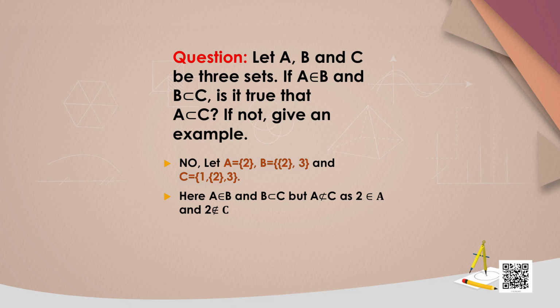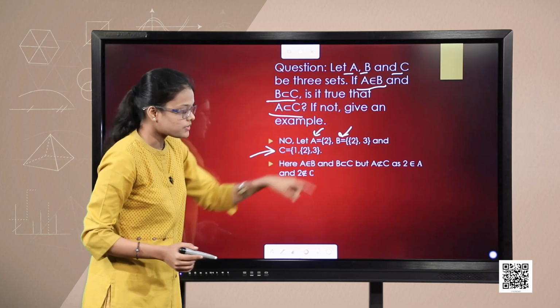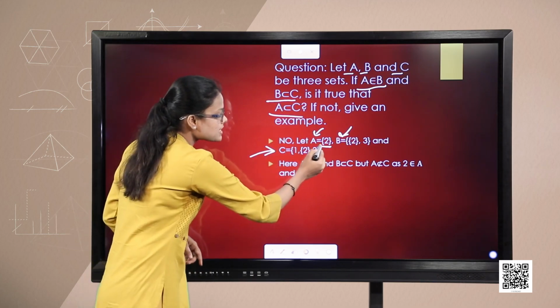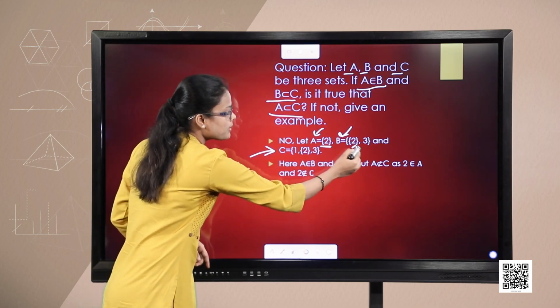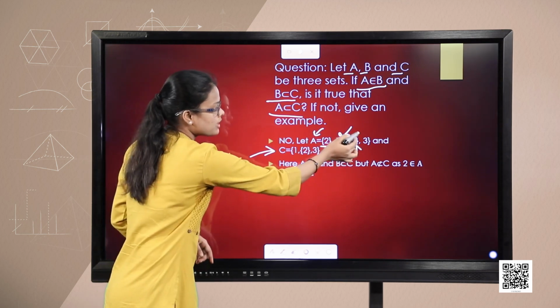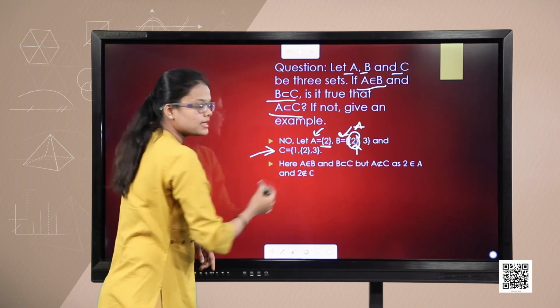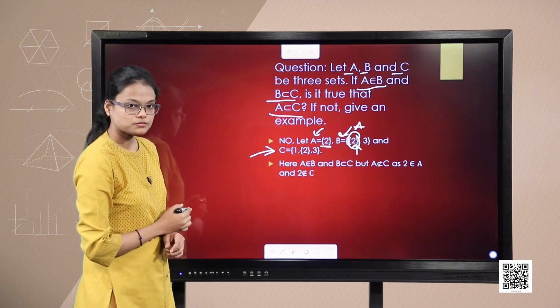B consists of 2 elements, and remember, the set A is a member of B. That means the full set A will become a member of set B. So, B consists of set A and any other element, say 3.